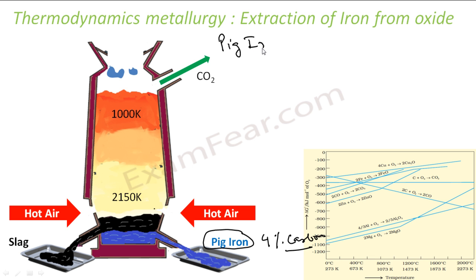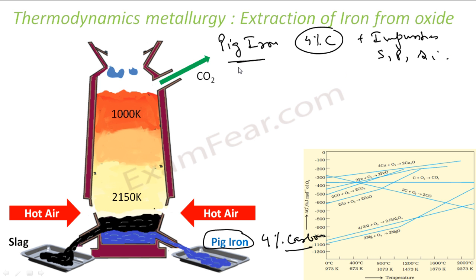Let me write here, this is 4% carbon plus impurities, and these impurities are sulfur, phosphorus, silicon, etc. And this is called pig iron, right? You can cast this pig iron into different shapes.